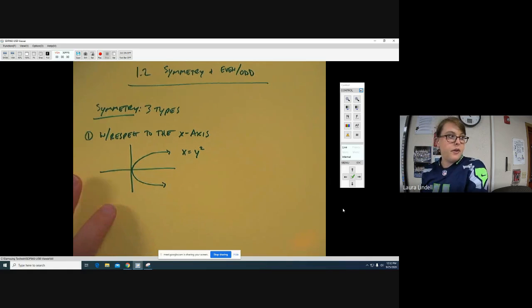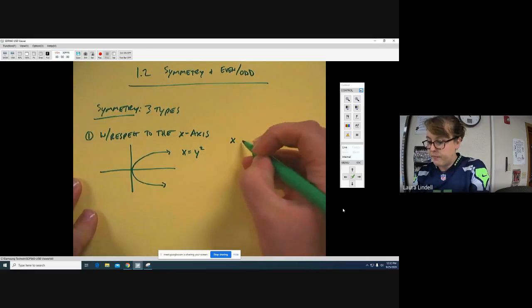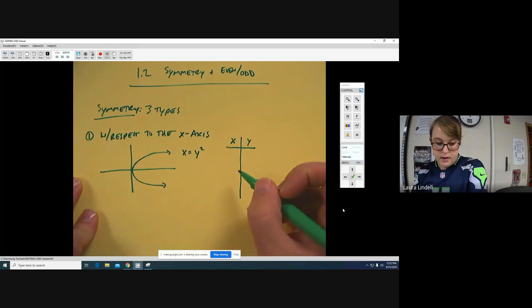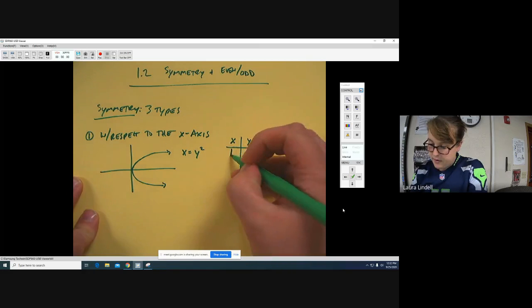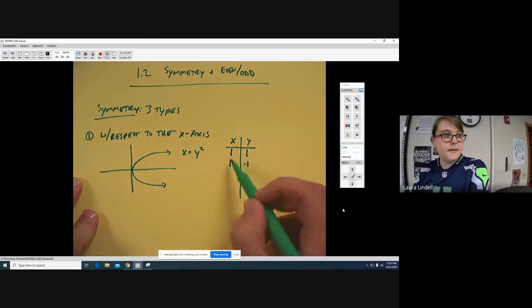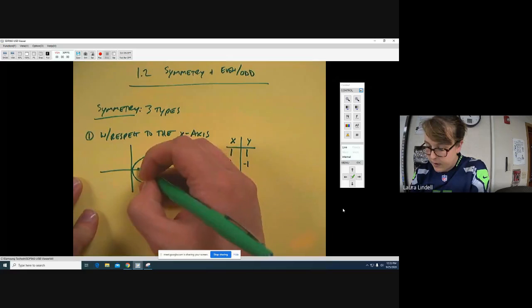And then you can visually inspect and kind of tell if something has symmetry, but you can also tell based off of an x-y table. So for this particular one, if I have the table for it like this, when my x value is 1, my y value is either 1 or -1, right?